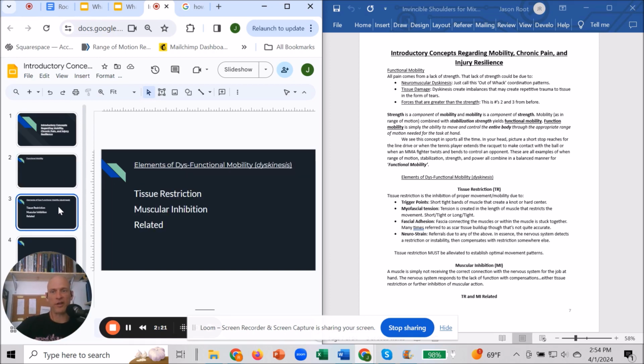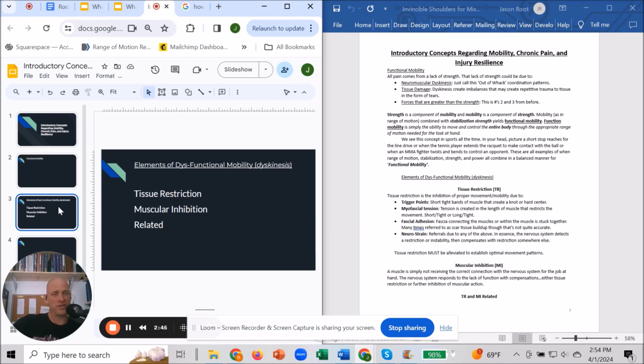All right. So next, the elements of dysfunctional mobility or dyskinesis. And there's two elements right there. One is what we call tissue restriction. And tissue restriction occurs in the form of trigger points and myofascial tension. Sometimes something feels tight.